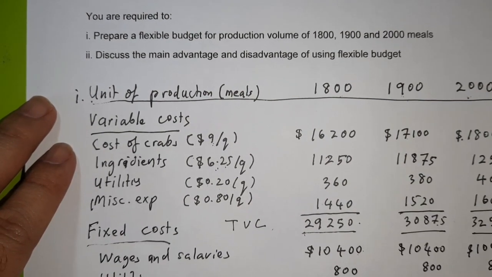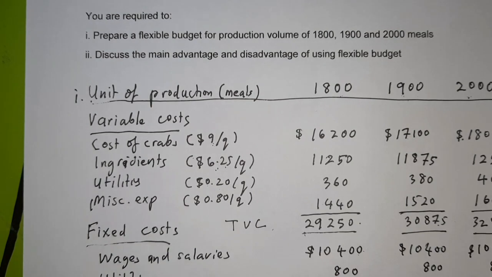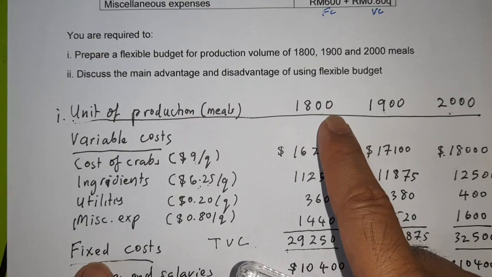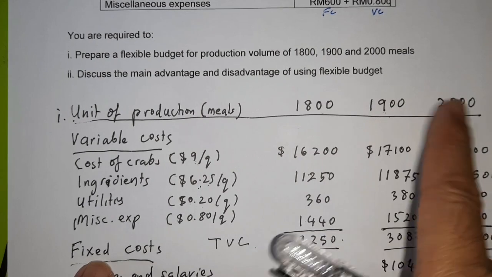So, the main advantage of using a flexible budget is the budgeted cost can be adjusted according to the actual quantity or activity of production. See here, budgeted cost can be adjusted according to the quantity of production.